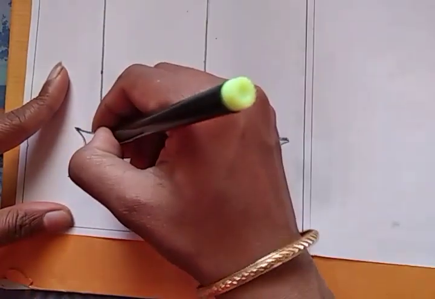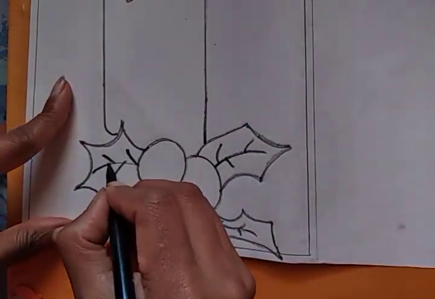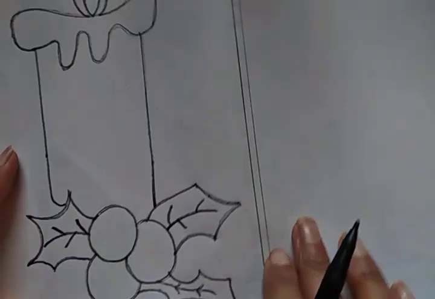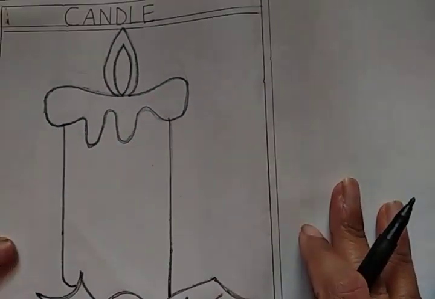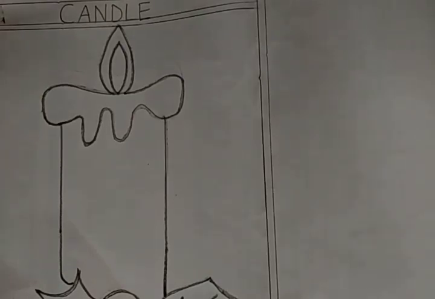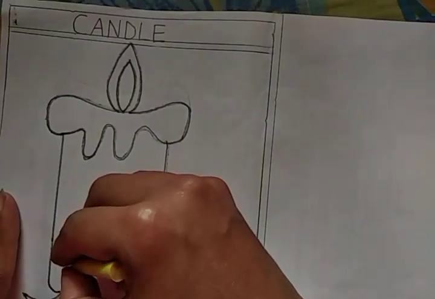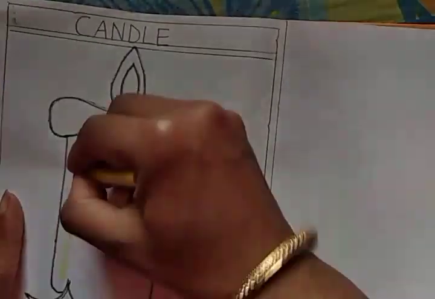See now. Okay, so now we have done with the outline. Now what we will do is we will give a shade. So which color do you want me to give, children? Say for this one we will give the yellow color. That is for the candle.